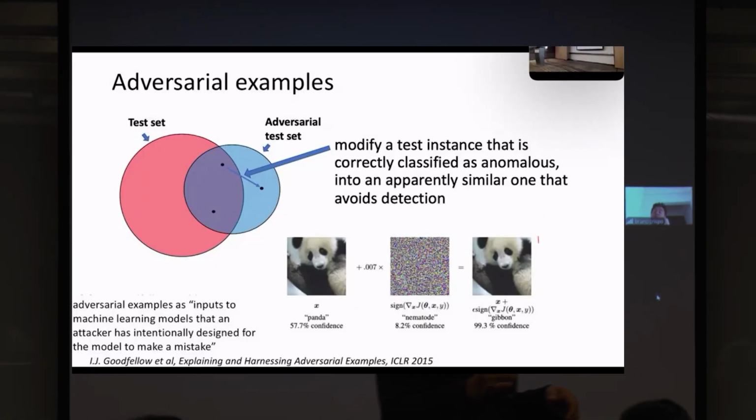And so the evasion attack, that is the goal. Essentially, find some anomaly that is not classified as such by the classifier of the defender, so you can attack the system without detection.